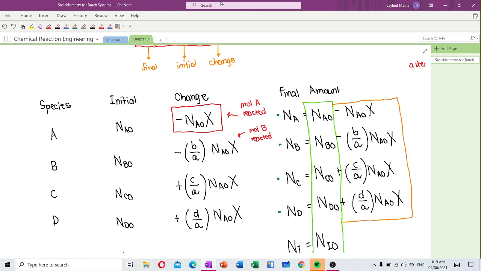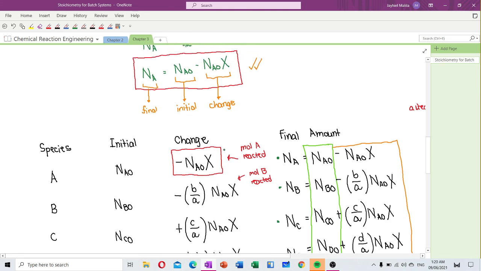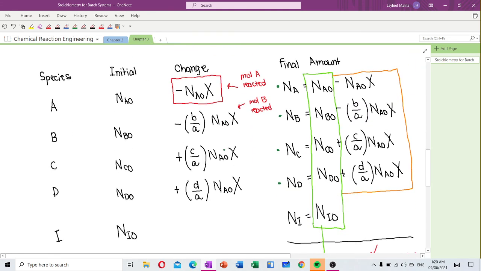So not any more number of mole terms, but we're going to determine the mathematical equations for the stoichiometry between the concentration of a certain component with respect to the conversion of the limiting reactant, or the conversion of A. So for the next video, I will be making use of these four equations to derive equations for batch systems with respect to concentrations.